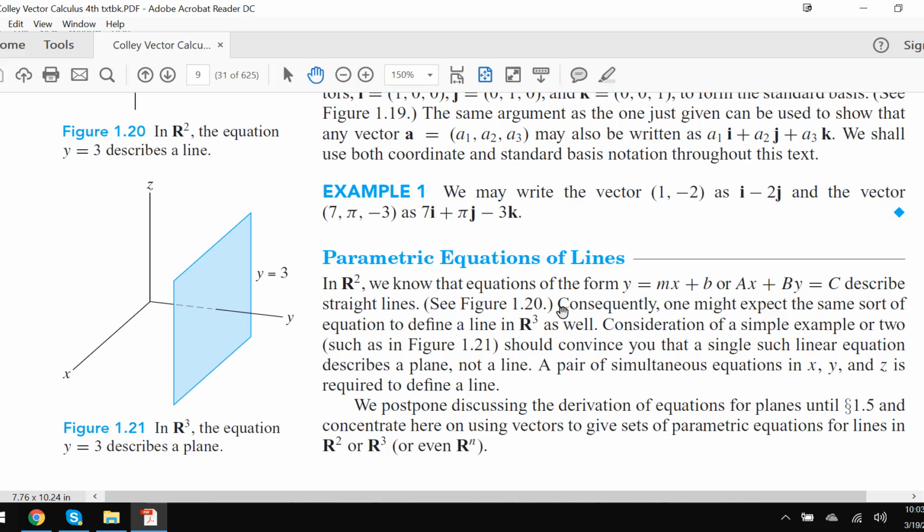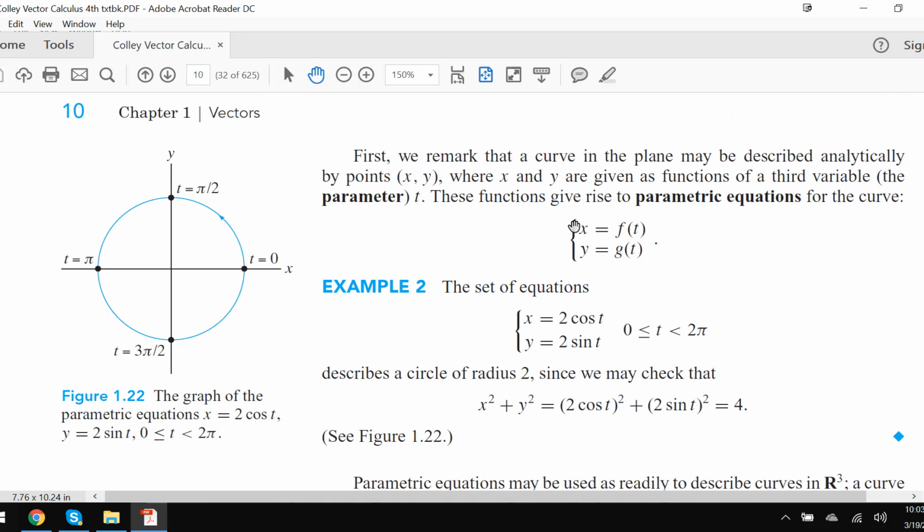We can write equations for lines like this, but we also saw that we can write equations for any curves using a third parameter, t. So we have x as a function of t and y as a function of t. And if we're in R3, we'll have z as a function of t. And we saw this example that if x equals this and y equals this, they're both functions of t, then as t changes, x and y will change, and the path that you'll get is a circle.